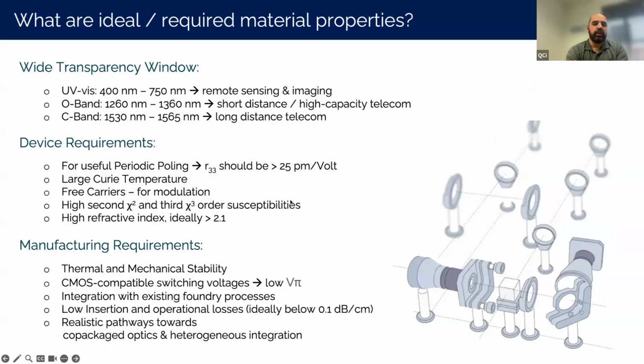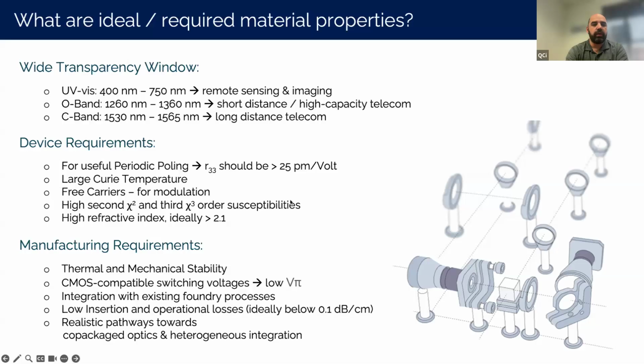So from a very high-level theoretical perspective, let us ask the question: if we were to choose an ideal material to work with, what would the properties of that material have to be? One of the requirements, and it's very nice to have, is a material that has a very wide transparency window.